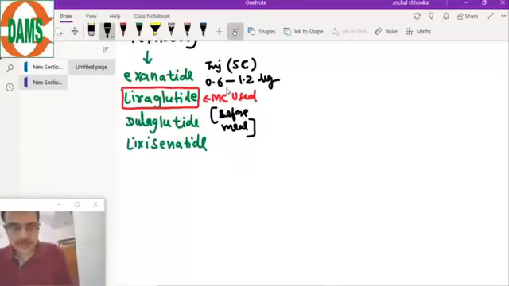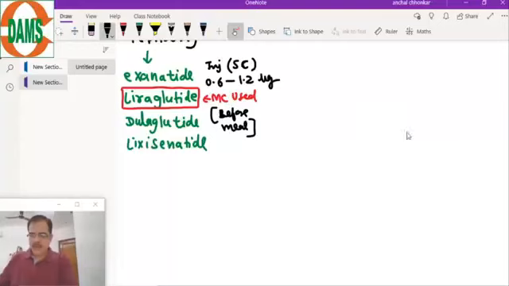It is approved in obesity, even without diabetes. Is liraglutide a DPP4 inhibitor? No, liraglutide is not a DPP4 inhibitor. It is a GLP-1 receptor agonist.